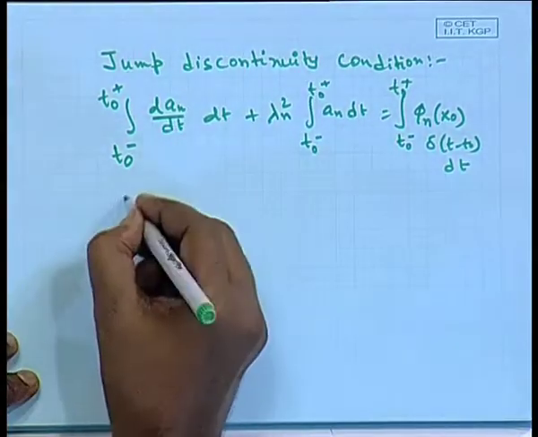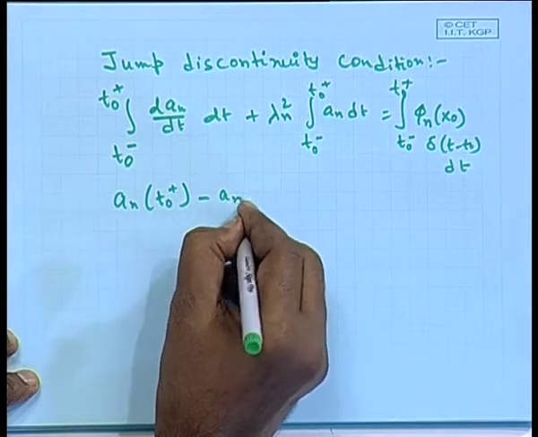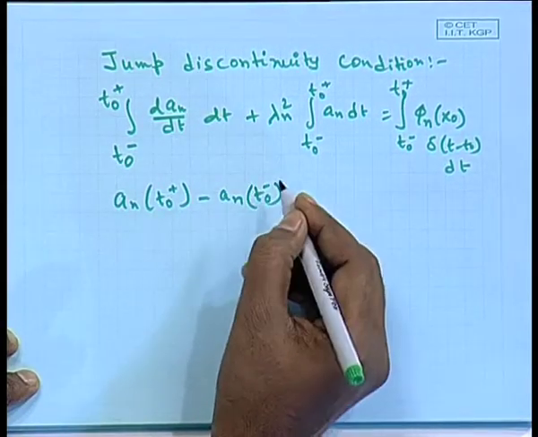What will be this? This will be a_n at t0 plus minus a_n at t0 minus.